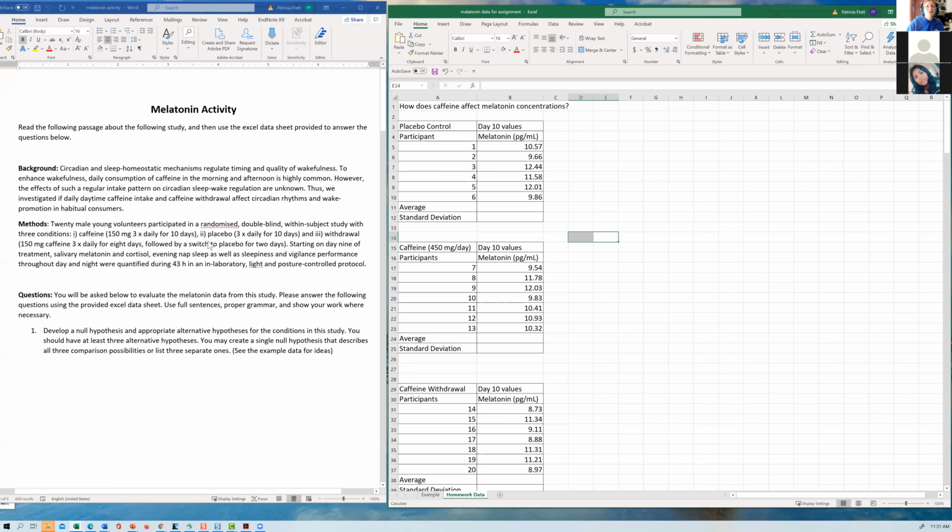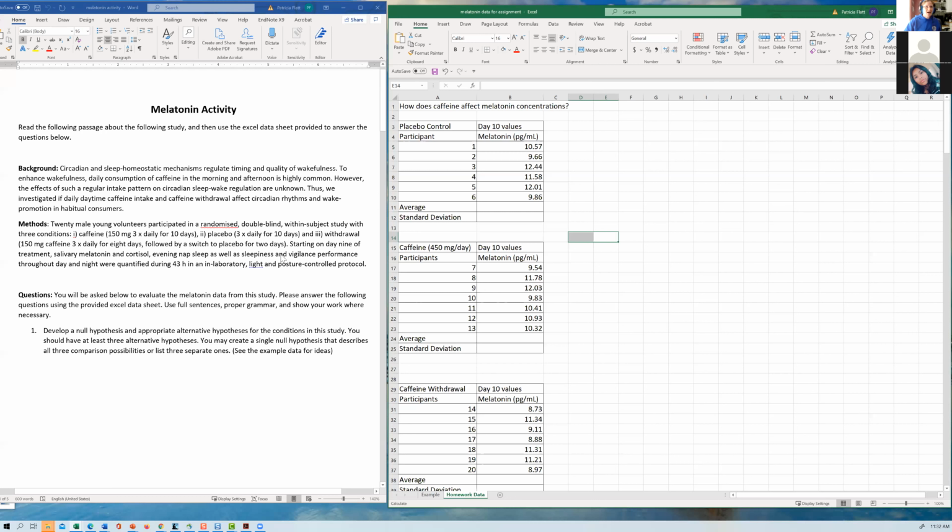They had people taking a placebo, a sugar pill, 3 times a day for 10 days. And they also had a withdrawal situation. They let people take the caffeine 3 times a day for 8 days, and then switched them to the placebo for 2 days. The people didn't know which they were taking. They were just given their pills, and the pills all looked the same.